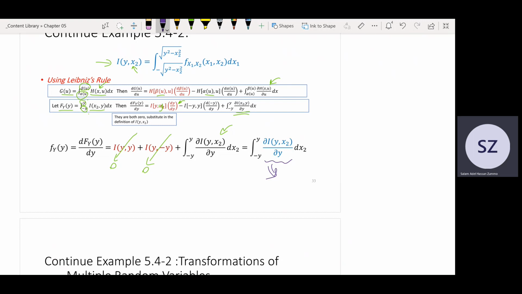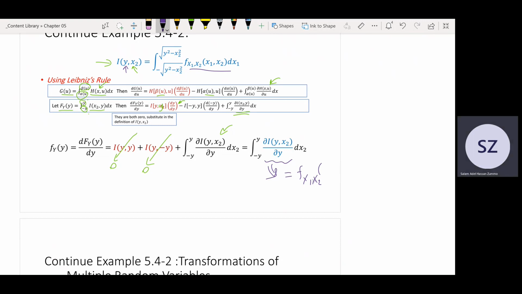The function evaluated at. This by itself is a function of y and x2, right? And I want to differentiate this function with respect to y. However, y comes in the limit. So that's the problem again. So what do we do? It's the function inside, evaluated at what?